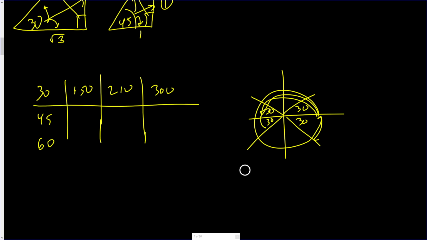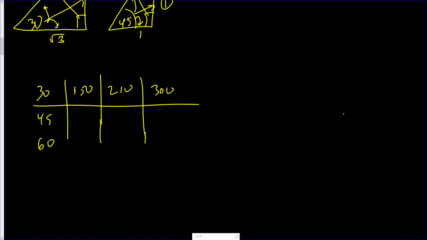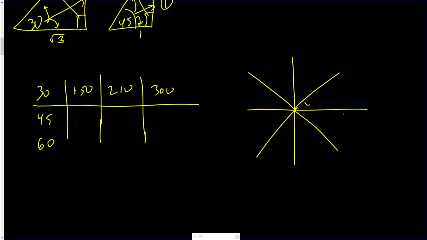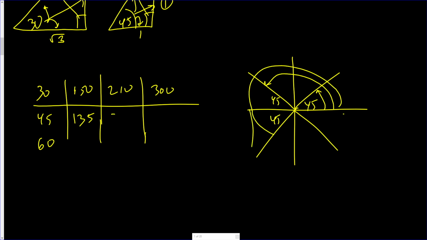45. Basically, you just have to be good with the math. If that's 45, well, it's 45. If this angle is 45, you're 45 less than 180. Do the subtraction. This angle is 180 plus 45, that's 225.